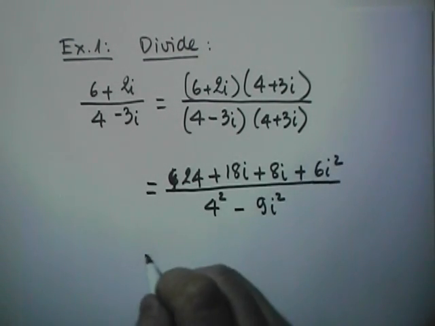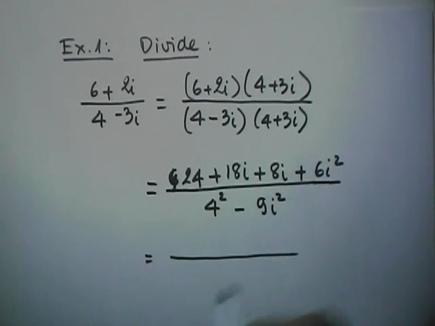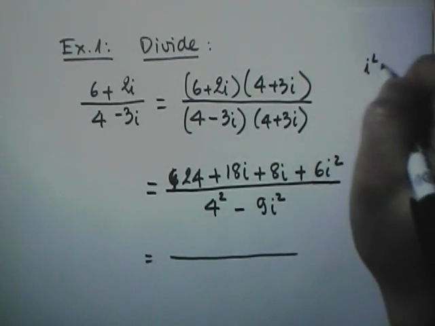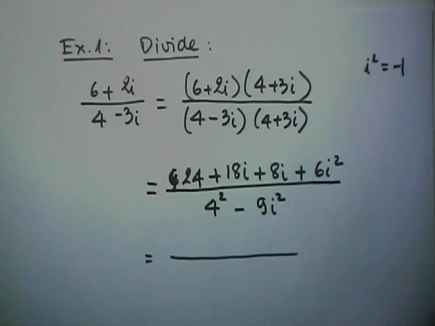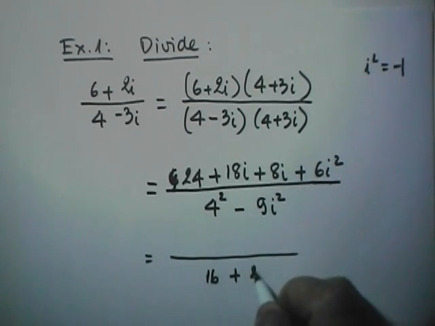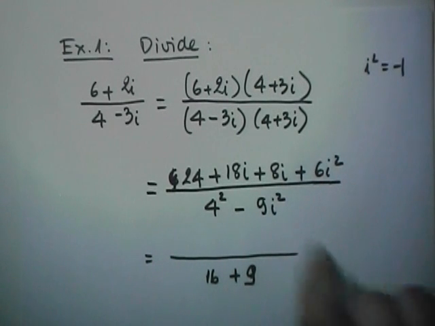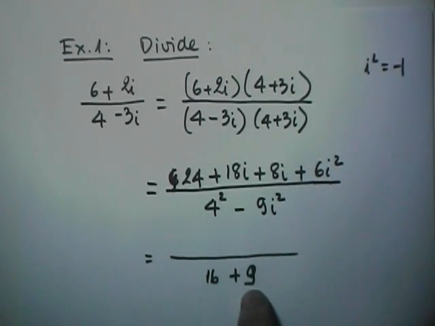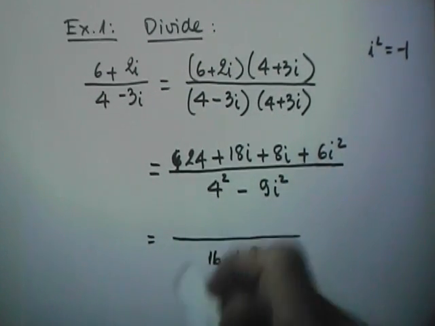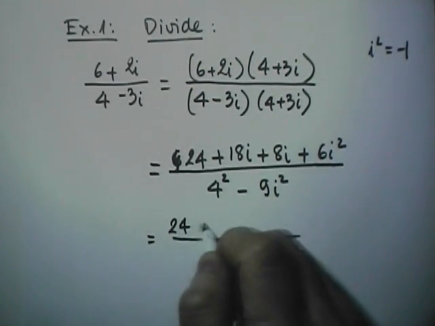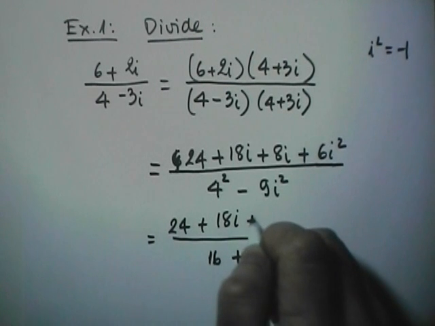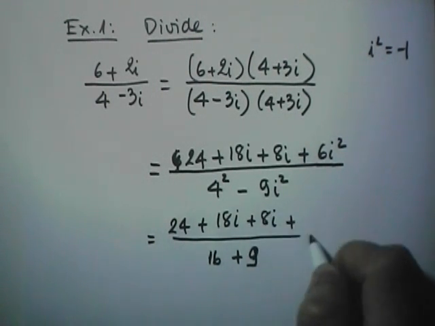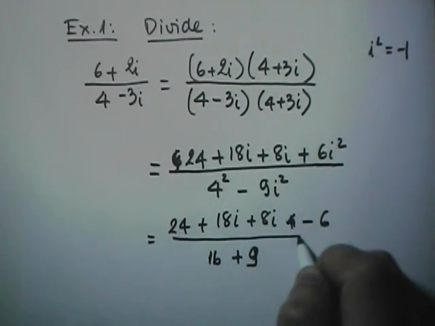And that is going to give me, and remember, i squared equals negative 1. So in the bottom, I'm having 16 plus 9, because i squared is negative 1. So with a negative 9 right there, it's going to give me a plus 9, right? And on top, I have a 24 plus 18i plus 8i plus, minus 6.